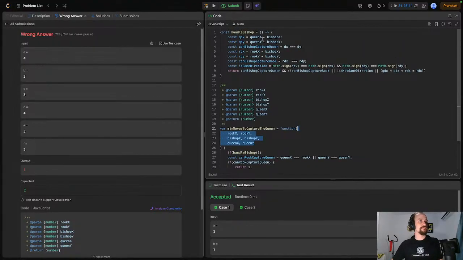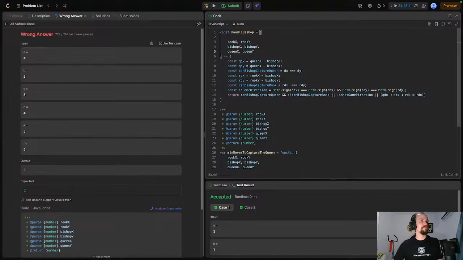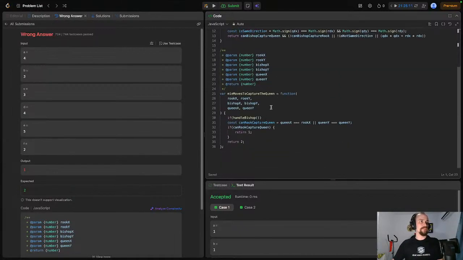Same arguments. I'm doing this just so I can reuse variables.